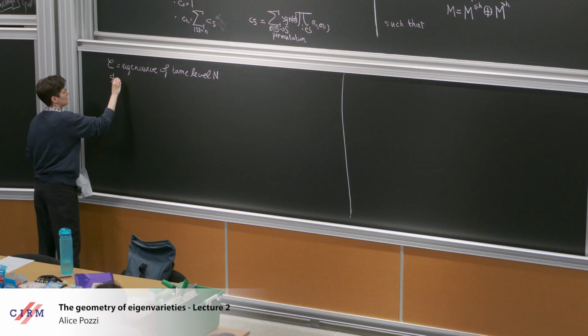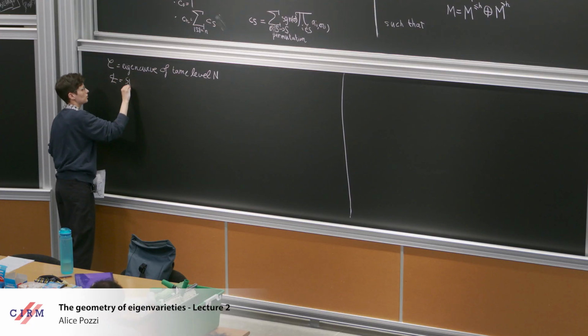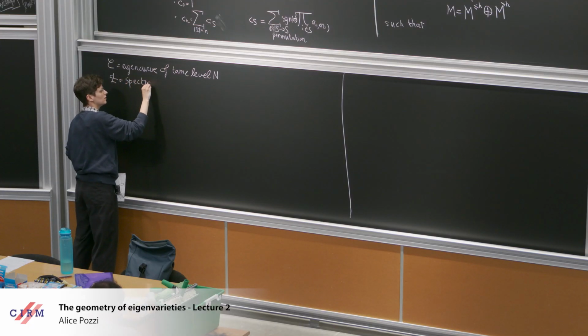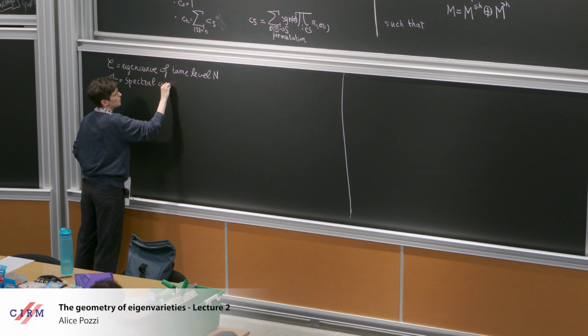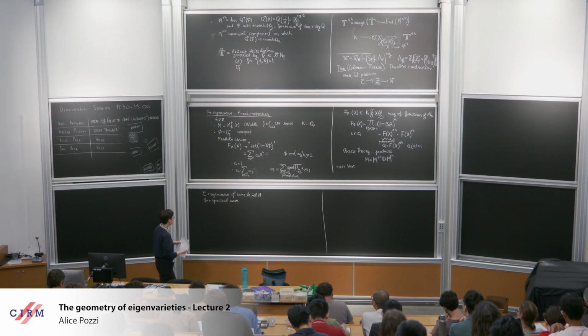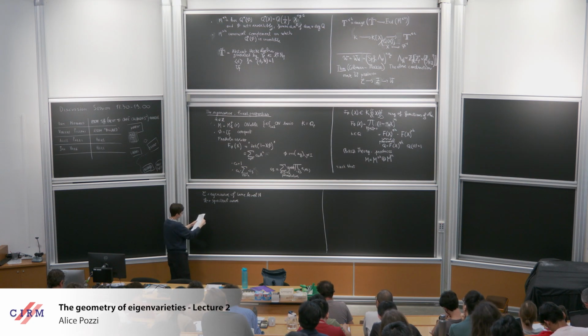Z is the spectral curve, and the weight space we already know.